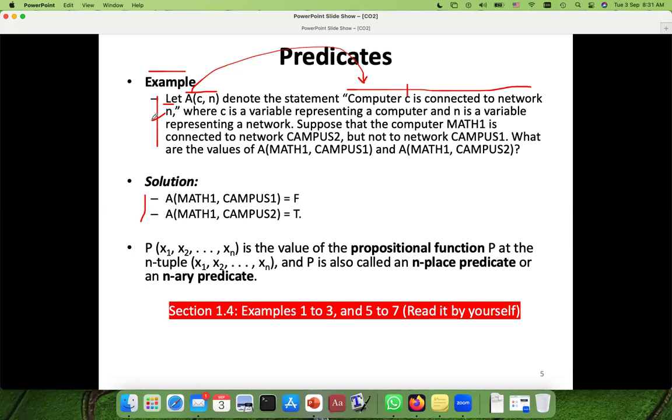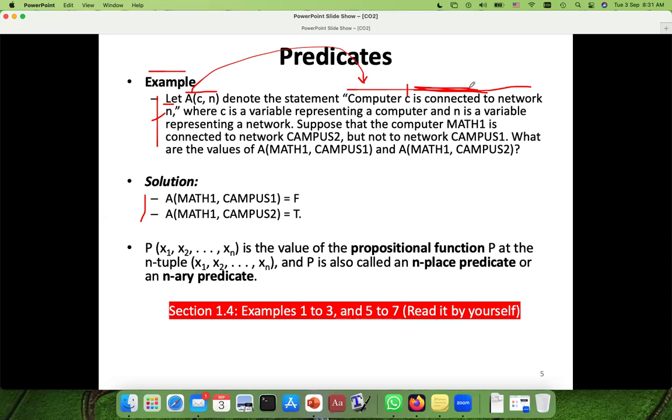It is written there, so that's why it's easy to identify. If it is not written, then you have to assume computer is, then some information will be given to you. Just wait. So here these C and N are given in the sentence, so that's why it's easy to identify that these two are variables. And then from the verb, mainly "is connected to", this is your predicate.